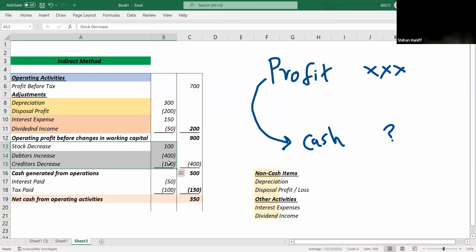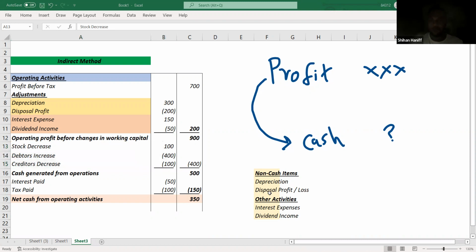The current assets and current liabilities related adjustments. So working capital. I'll give you all a summary or a note on working capital.